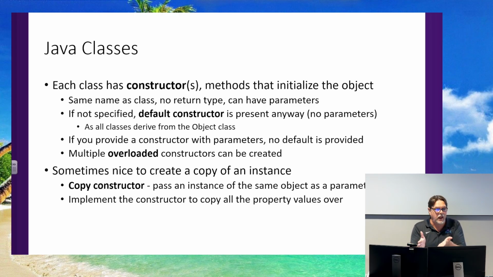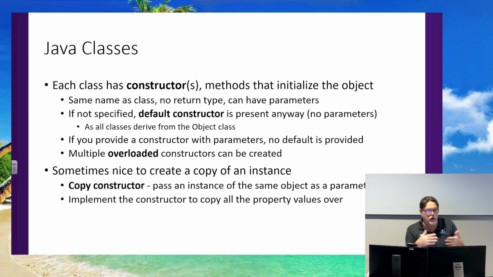Your constructor may have no parameters, your constructor may have multiple parameters, depending on what you need. And if you have your own constructor that you've added to your class, then you don't have a default constructor anymore.